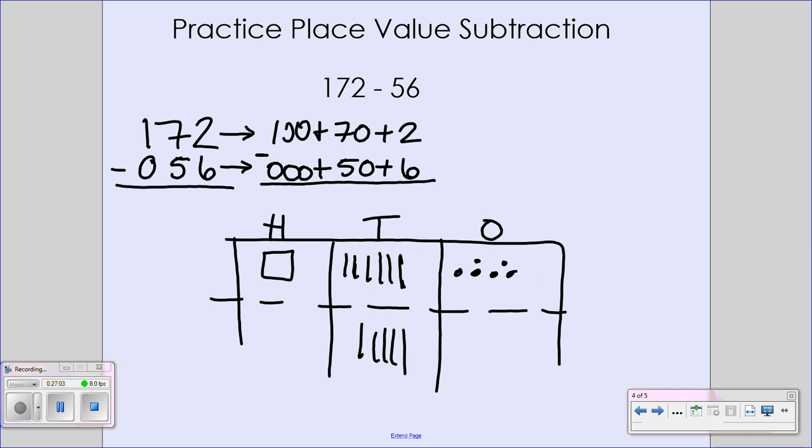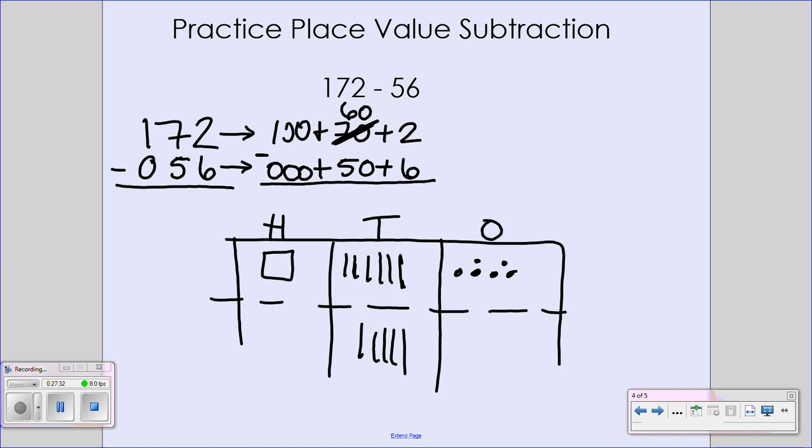Alright, let's look up at our expanded form now. In the equation we just did, we couldn't do 2 subtract 6 because we didn't have enough ones yet. So we went over to my 10s. I took a 10, so this is no longer 70. What is that now? Courtney? It's now 60.